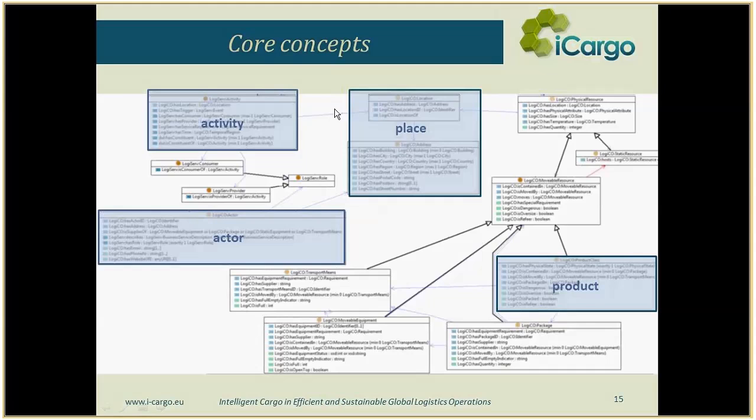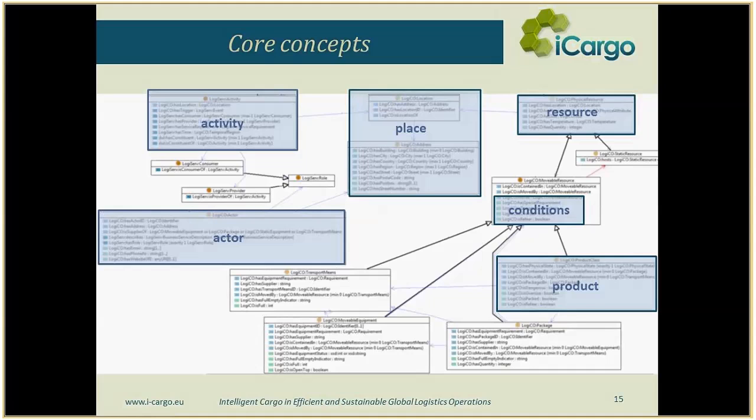Of course we have a concept for place to define the different locations using addresses, or using, as Matteo said before, for example, the coordinates of a place. So LogiCO also allows you to describe these types of things. Then under certain conditions, so there are certain properties, certain attributes in the LogiCO model that allow you to define certain conditions, whether something should be transported at a certain temperature and these types of things.